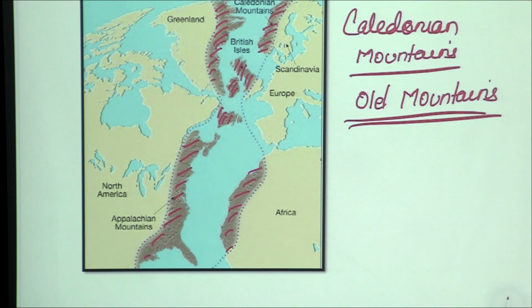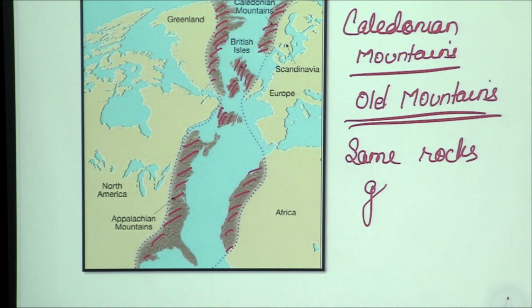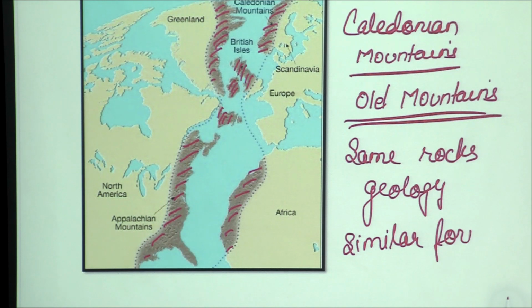They all make example of same rocks or geology with similar formation process, as in the Appalachian mountain range extends as Newfoundland and then to Ireland and British Isles to Jolan Mountain.